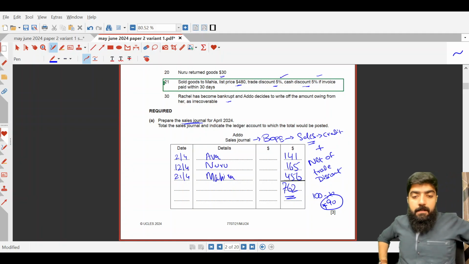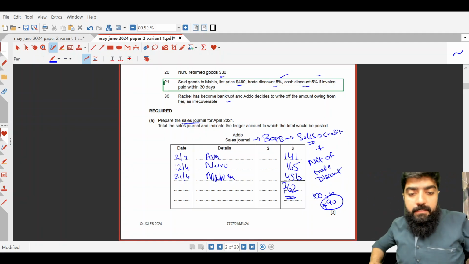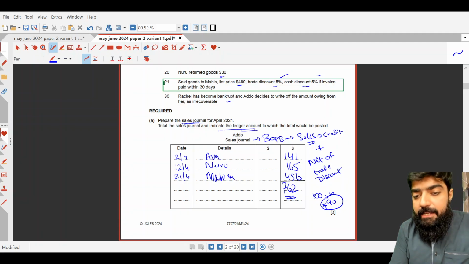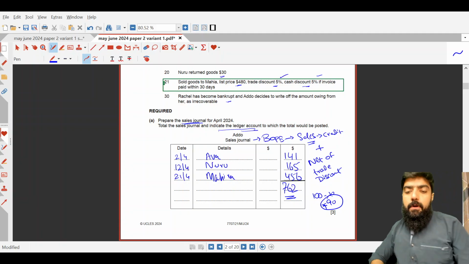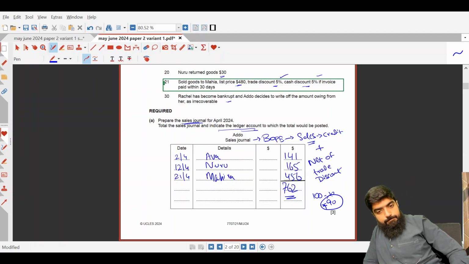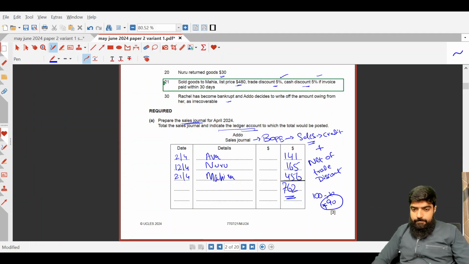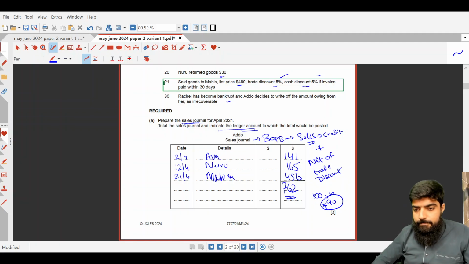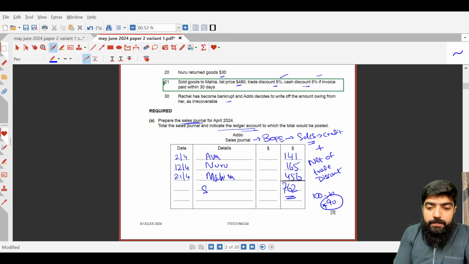Yes. Now, the other part of this is that the sales journal indicates the ledger account to which the total would be posted. Where will the total be posted? We posted it to the sales ledger. Excellent. It will be posted to the sales ledger control account and the sales account, right?